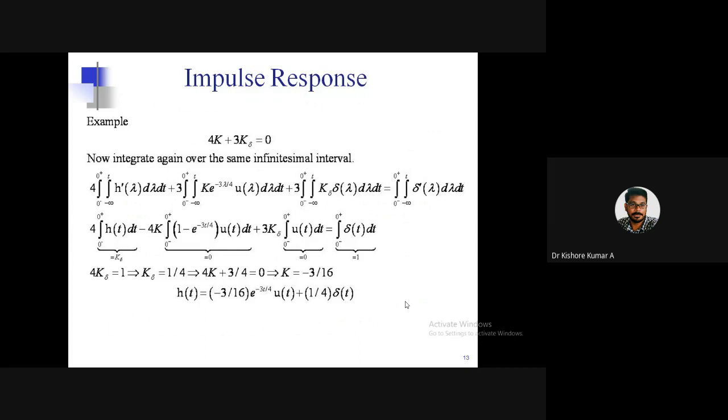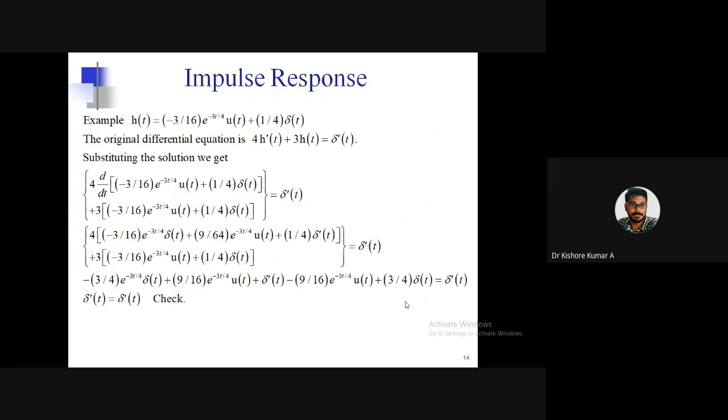So you will get h of t is equal to minus 3 by 16 into e power minus 3t by 4 into u of t plus 1 by 4 del of t. And this is the impulse response.